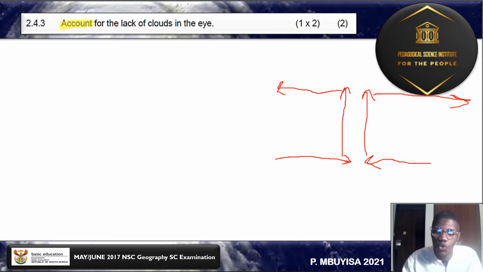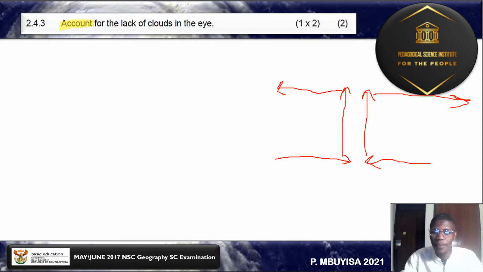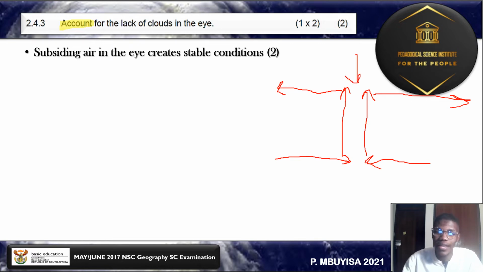And if we may ask you, which air is dominating the upper atmosphere? It is cold air. Remember that, because the higher you go, the colder it becomes. So cold air dominates the atmosphere, which means that when the two air masses diverge, we will have our cold air sinking towards the center of the system, and as it sinks, it's going to warm up adiabatically.